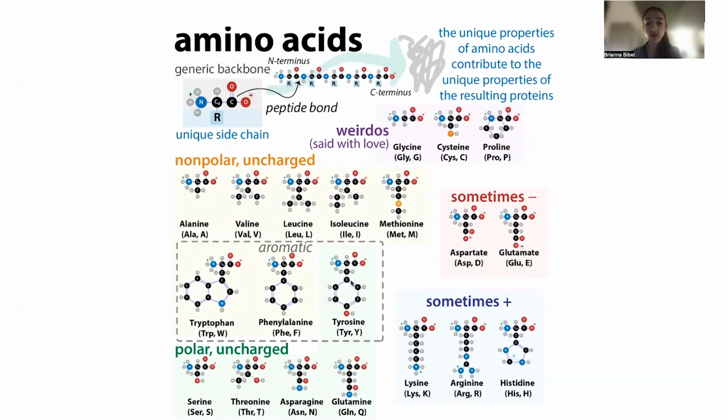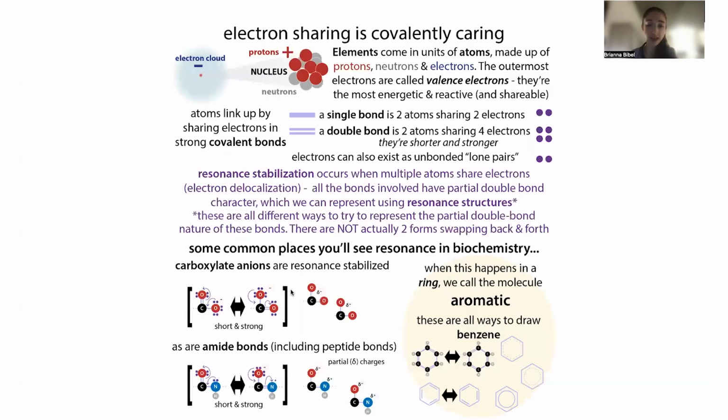And they're not normal rings. Proline has a ring, but this is not aromatic. What defines aromaticity is that you have resonance, this electron delocalization or conjugation. Basically, you have a sharing of electrons among multiple atoms in the ring.